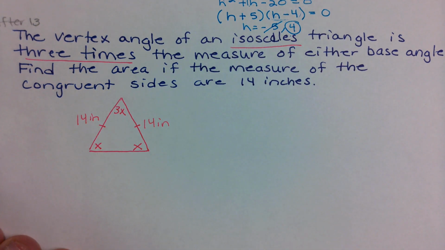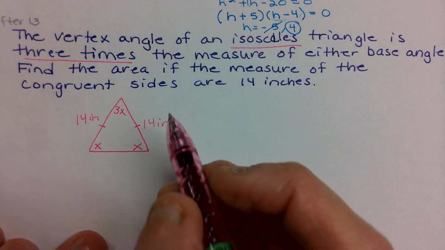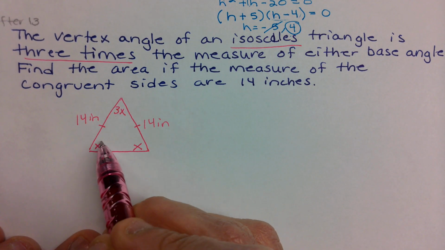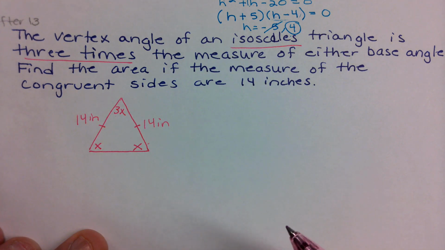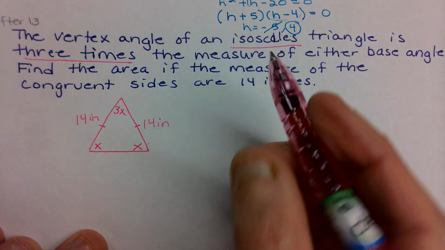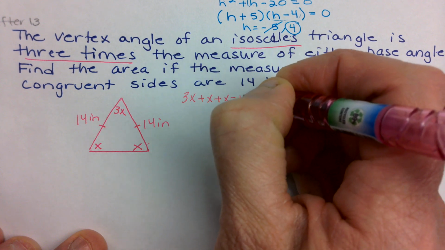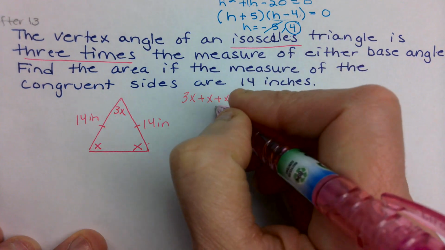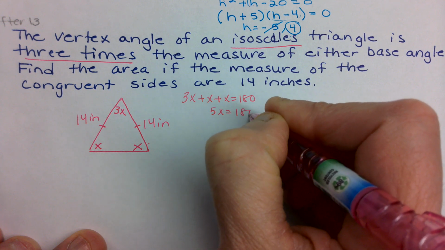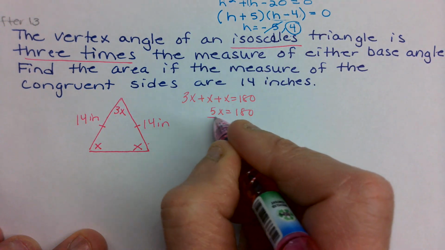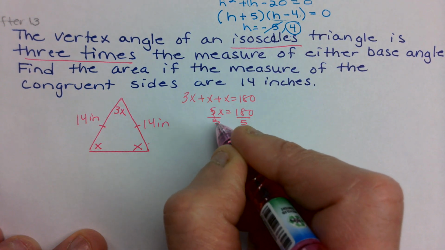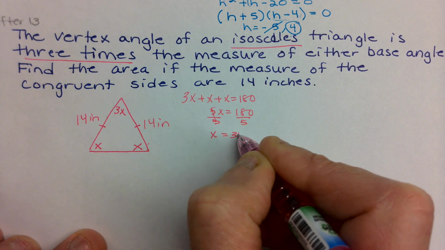But I can figure it out because I know that the 3 angles of a triangle always add up to 180. So I have 3x plus x plus x equals 180. So that's 5x equals 180, and then I'm going to divide by 5, and x is 36.